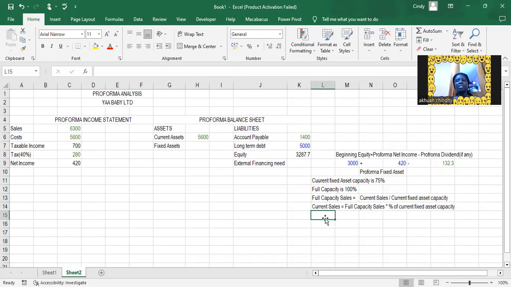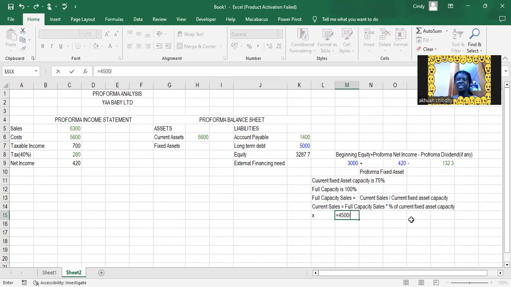I don't know the full capacity sales. So let's say full capacity sales should be X, right? And that is equal to our current sales, from the old balance sheet, 4,500, divided by the current capacity, which is 75%.